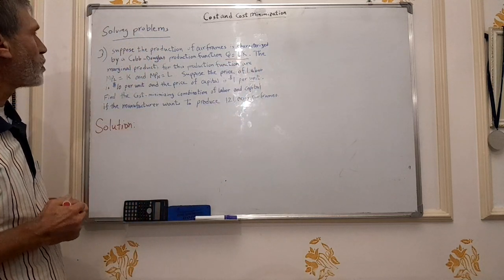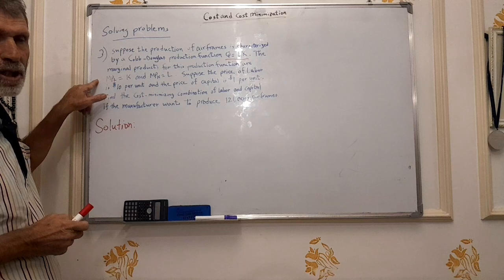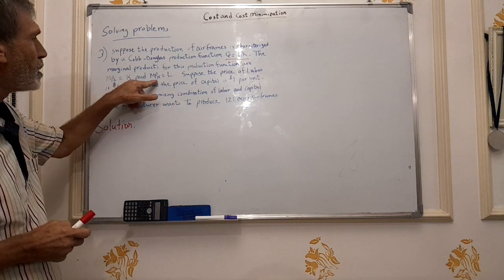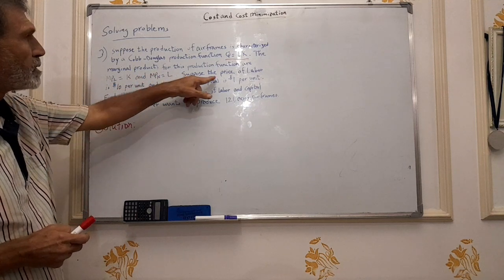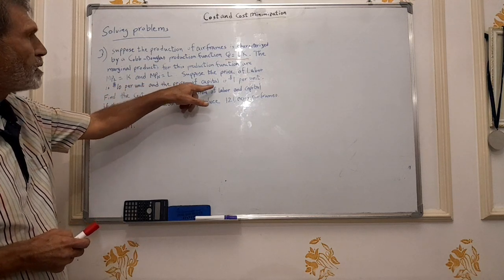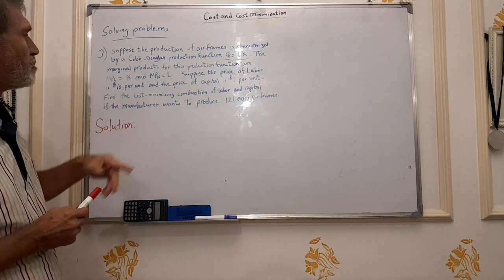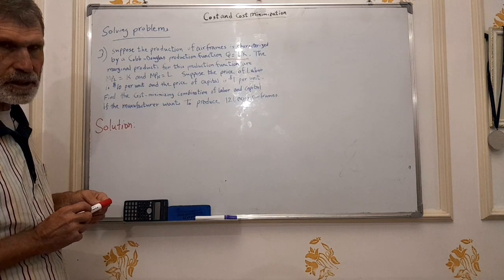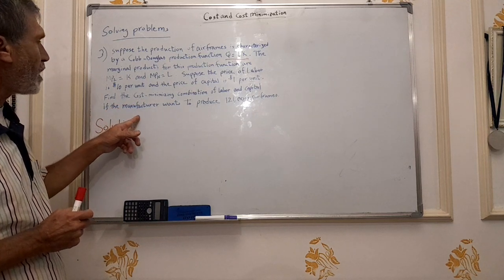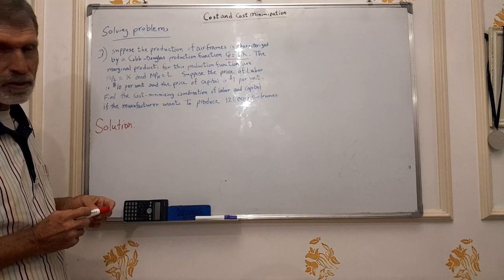The marginal products for this production function are MPL, the marginal product of labor, equal to K, and the marginal product of capital equal to L. Suppose the price of labor is $10 per unit and the price of capital is $1 per unit. Find the cost minimizing combination of labor and capital if the manufacturer wants to produce 121,000 airframes.